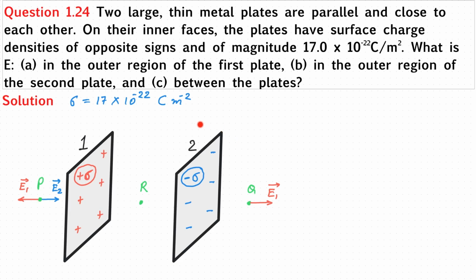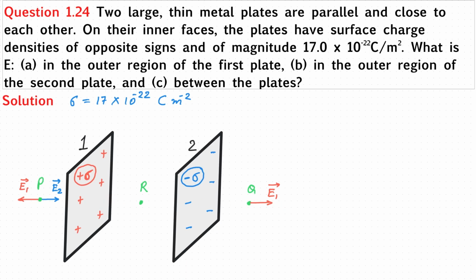Here also, this second plate is between the first plate and this point Q, but this second plate will not show any effect, and that's why the electric field at this point Q is just in the right side direction, because this is positive charge, and so the electric field will be radially outside.